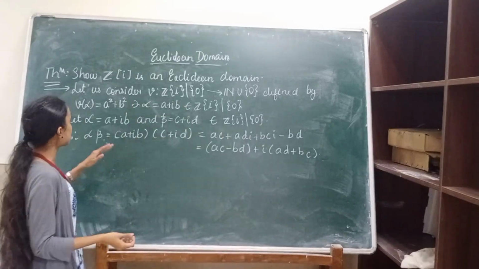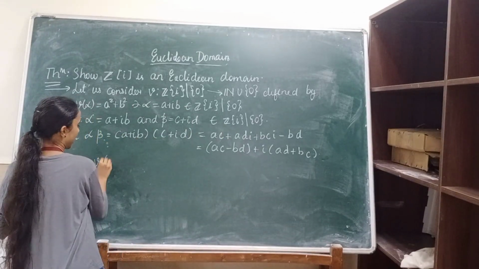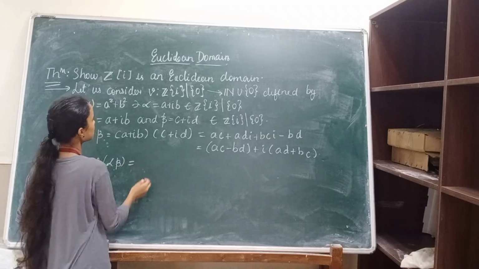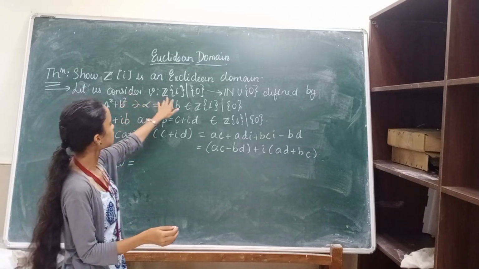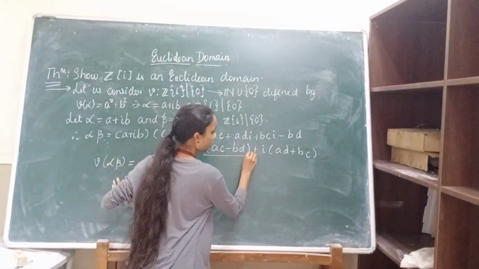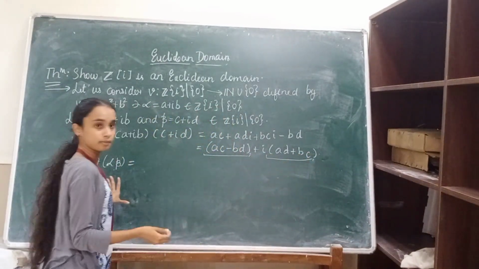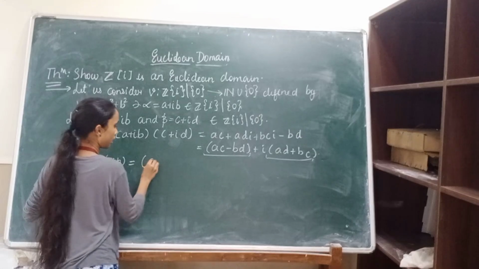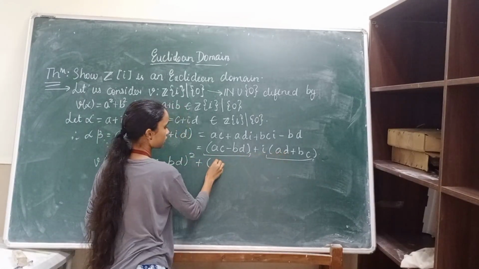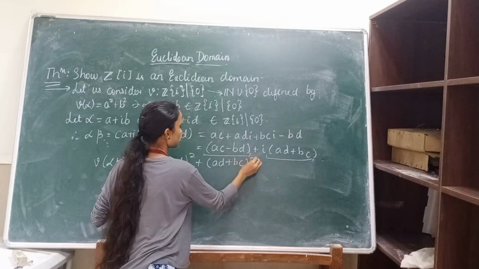Now taking V of alpha times beta, that will be equal to, now V of this is defined to be A square plus B square. So this is our A and this is our B. So (AC minus BD) the whole square plus (AD plus BC) the whole square.